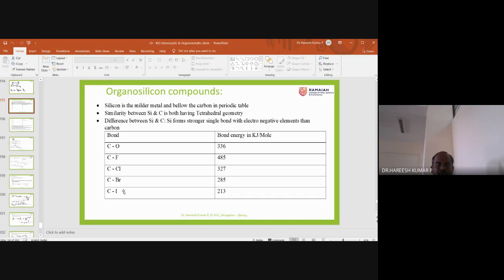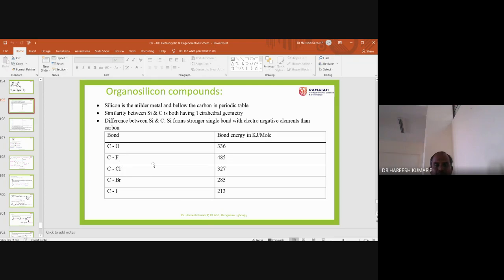Similar to that, I am also giving silicon and other elements' bond energy. You can just compare. So look here, carbon oxygen bond energy is around 336 kilojoules per mole.